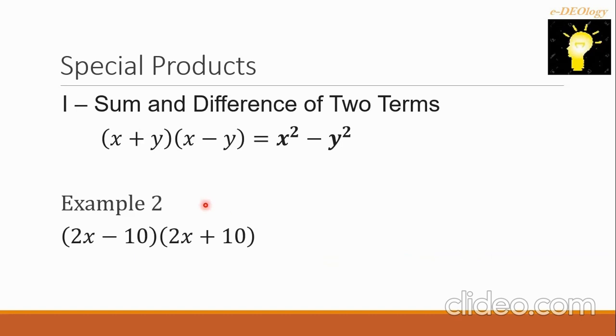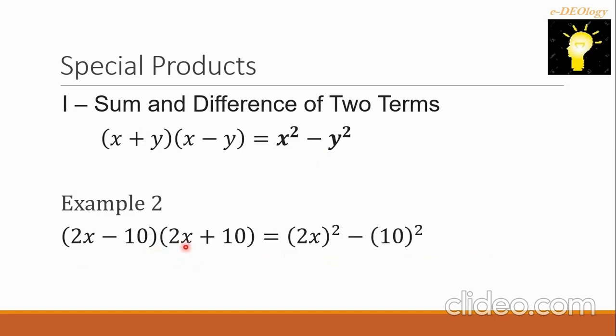Let's have example 2, 2x minus 10 times 2x plus 10. So this time the negative sign comes first and the plus sign is in the second polynomial. So the same idea, we can use this formula.